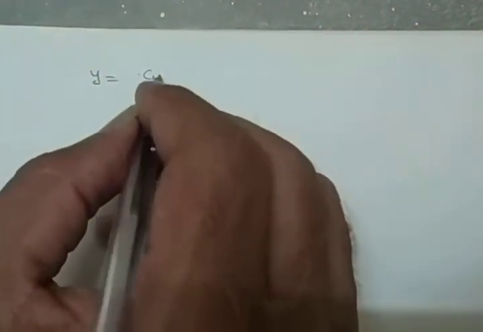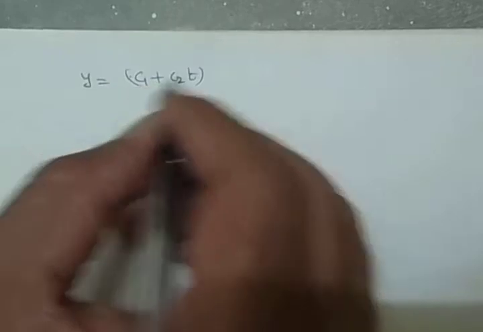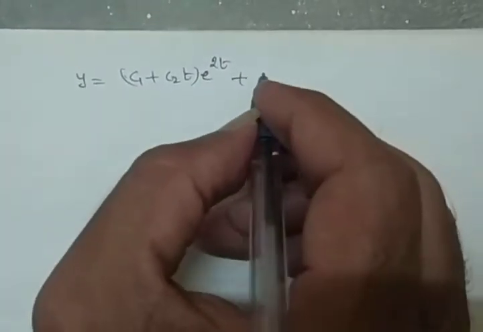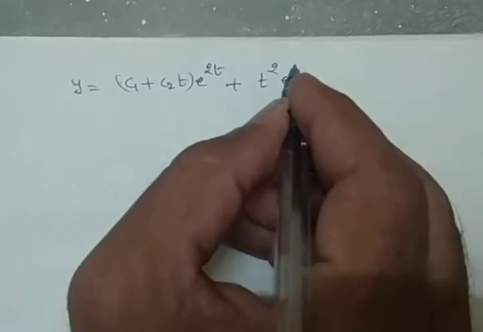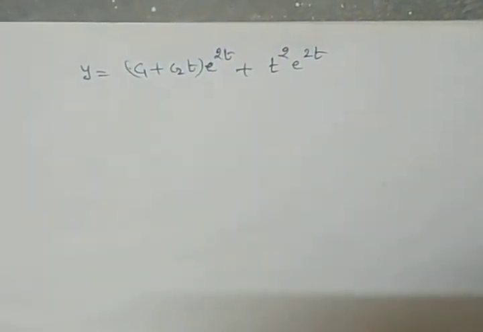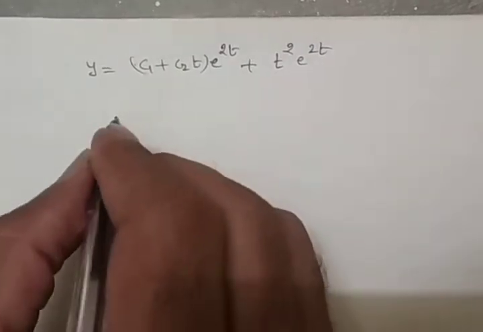Y equal to complementary function, c1 plus c2 t into e power 2t, plus particular integral, t square into e power 2t. Now this should be written in terms of x.